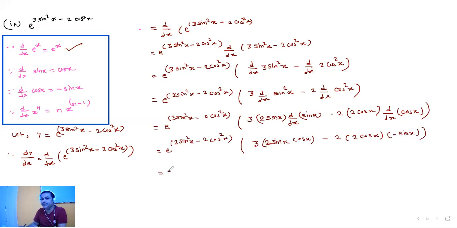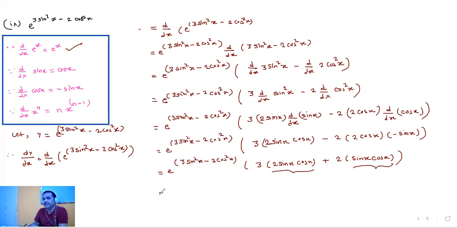And here we will write e raised to 3 sine square x minus 2 cos square x. So this is like 3 into 2 sine x into cos x. This minus minus will become plus, and we'll write it as 2 times sine x into cos x. So 2 sine x cos x, this particular part, is common.